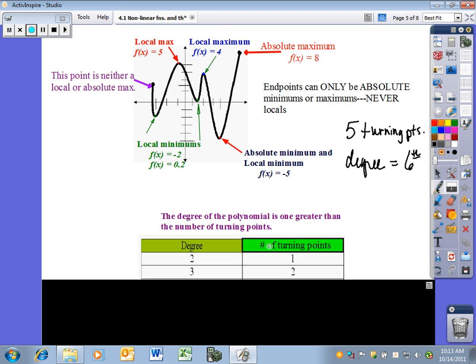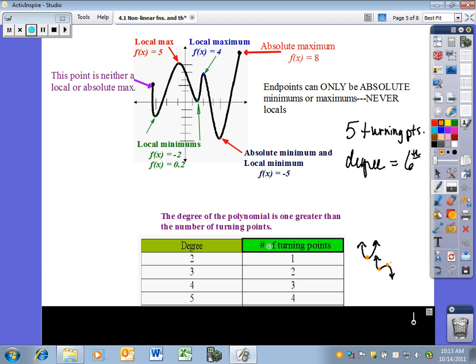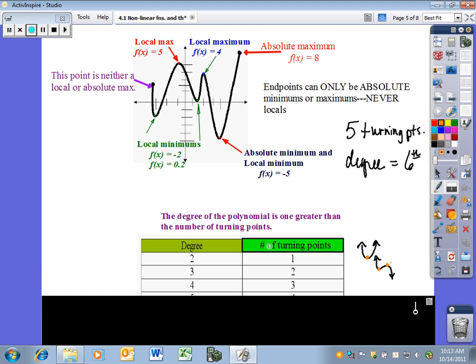Now let me just show you a graph. A degree of 2 was a graph like this. So here would have been 1 turning point. A degree of 3, exaggerated, would be like this. So it has 2 turning points, 1 here and 1 here. A degree of 4 should have 3.